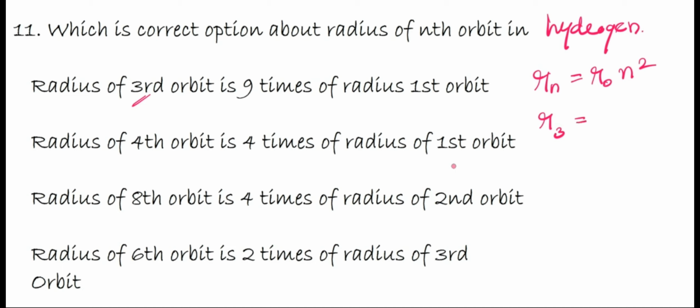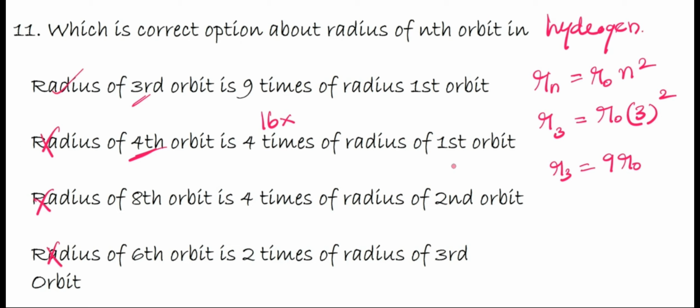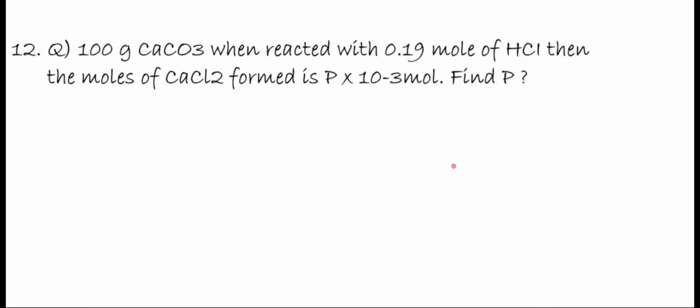So R3 is R naught 3 square, which gives 9 R naught. But if you substitute the fourth orbit, then that will become 16 times, right? Then if you substitute the 8th orbit, you have to put 64 times, which states these statements are wrong, and option A becomes right.